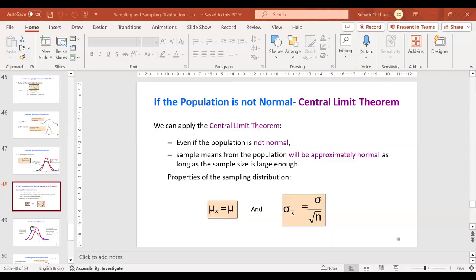So in that way, it would be more accurate to come up with an interval rather than going with a point estimate. When we go with statistics, we cannot say with 100% accuracy that this is the population parameter by using the sample statistics. Definitely there would be a little bit of deviation. That deviation you can control by using this interval. Now, this interval, we call it a confidence interval.